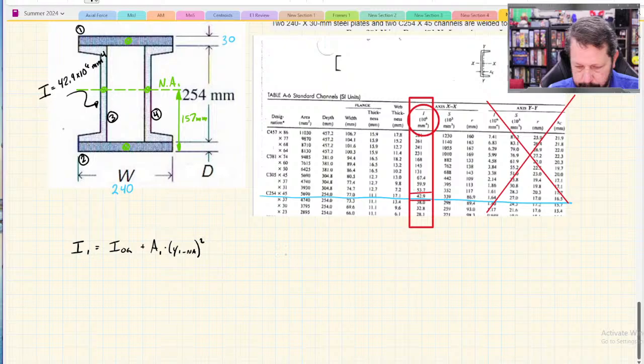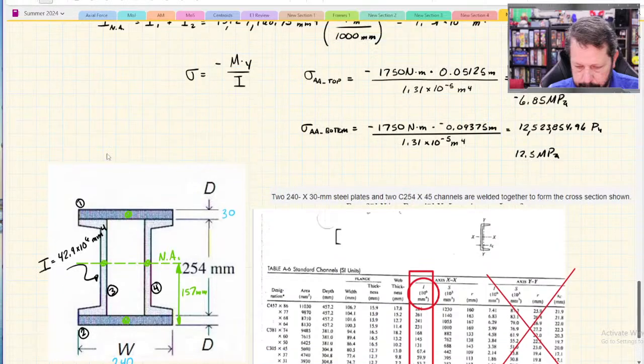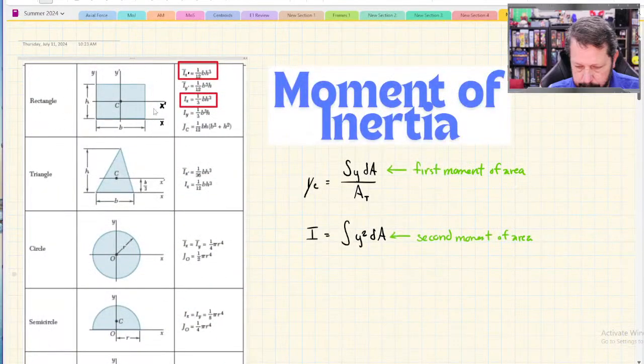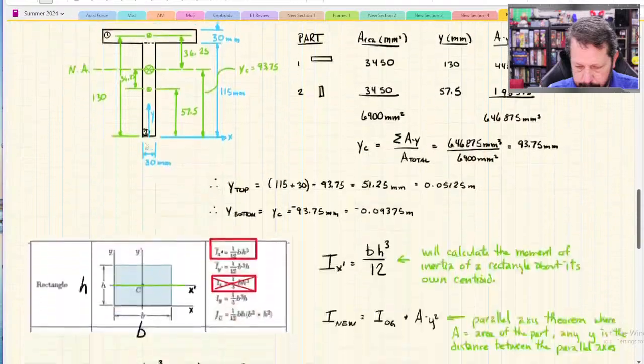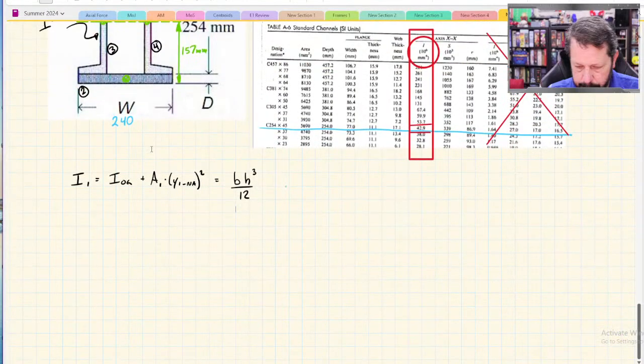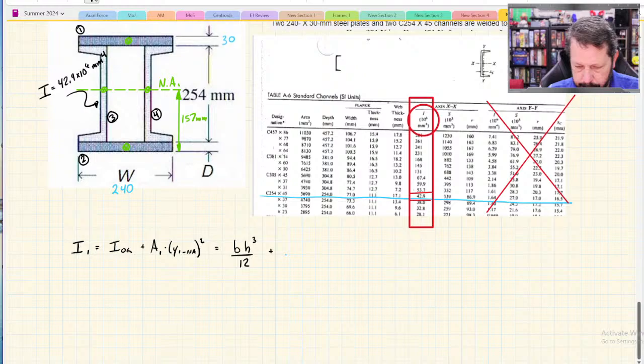The original equation, this is a rectangle, so BH cubed over 12. If you don't remember that, you can go back to our chart here and reference that. Plus the area of part 1, which is B times H, times the distance, which is 157 minus 15. I'll give you a second to make sure you can do that.